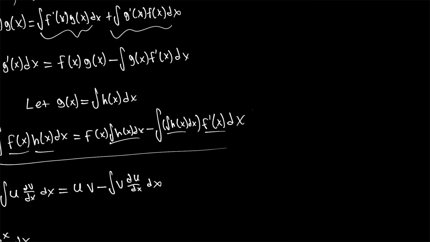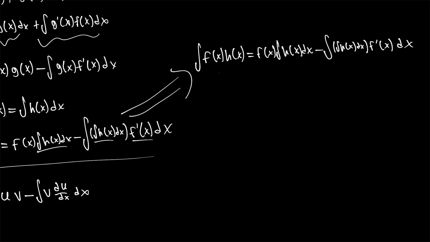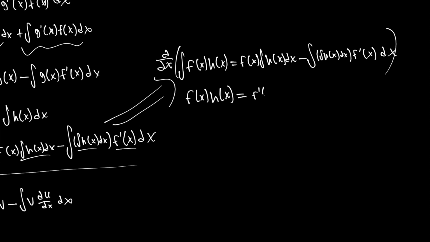In general, if we were to take the derivative of this whole function, if we take the derivative of this, we will get f of x, h of x equals f prime of x, integral of h of x dx, plus f of x, h of x, minus this whole integral.